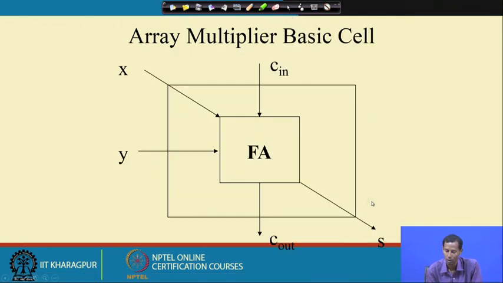That is why this array multiplier architecture gives better implementation aspects, but for the other constraint it is not that advantageous.